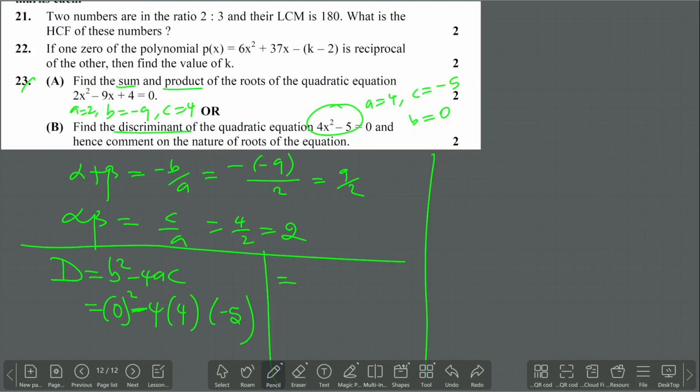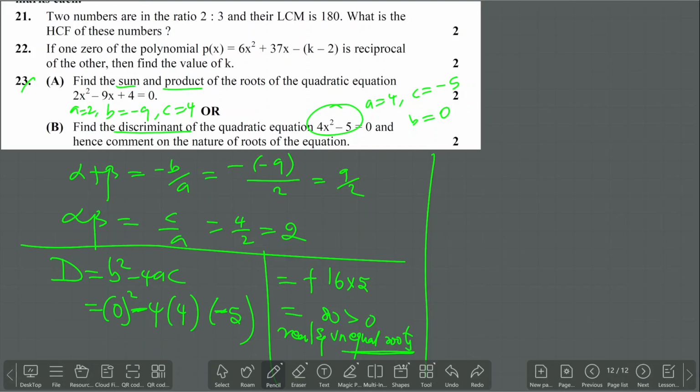This minus and that minus, you will get positive. 4 fours are 16, 16 into 5, what will you get? 80. 80 is greater than 0, so the roots are real and distinct, unequal roots. That's it. They asked to find the D value and to comment on the answer also. We did both. Understand, children? Right. That's it. Now we are going.